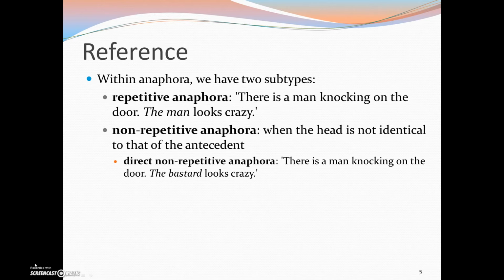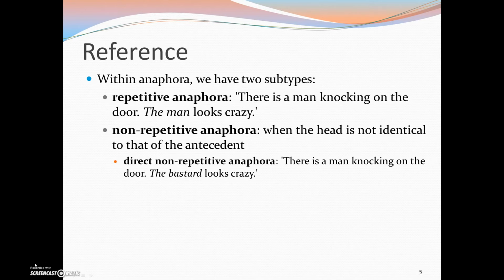We also have non-repetitive anaphora, and this is when the head is not identical to that of the antecedent. And again, here we have two subtypes. The first is the direct non-repetitive anaphora. So this is when the referring nominal expression refers to exactly the same entity as the antecedent.